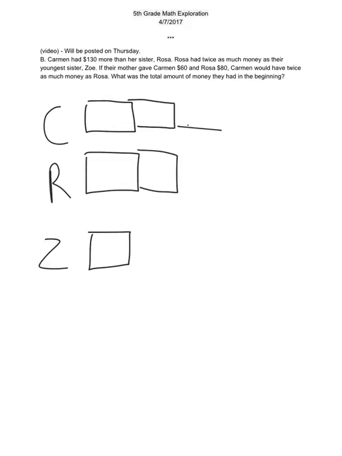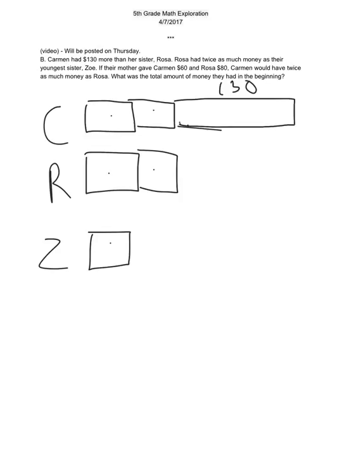I'm going to go ahead and make my unit bar quite large for 130. So that right there is worth 130. I still don't know what these are worth, but I know that this thing right here is $130 more than Rosa.